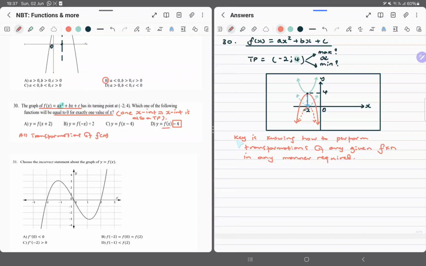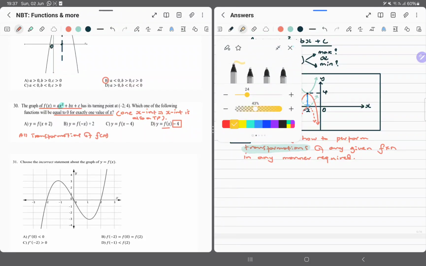That is just the key piece of info here. If you know how to perform a transformation, this is what is important: knowing how to do transformations in any manner required.